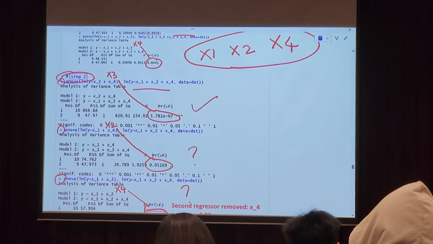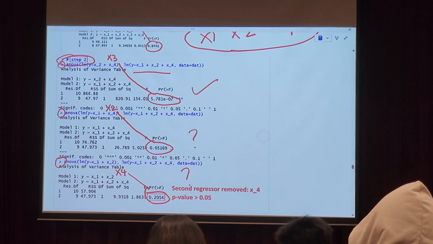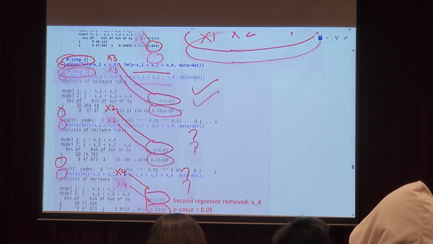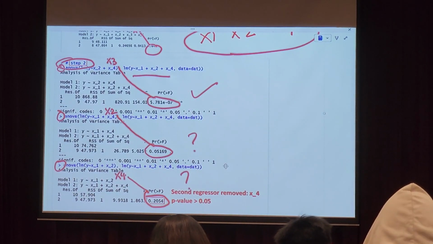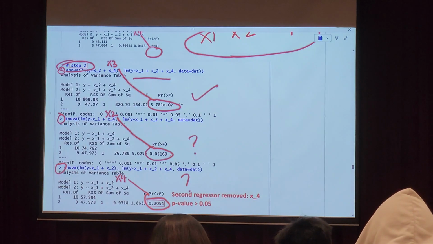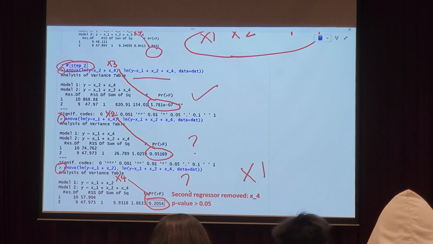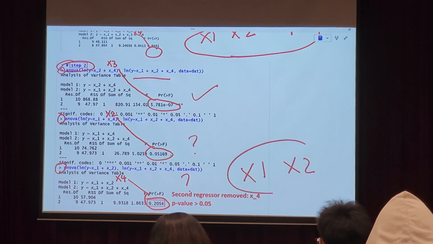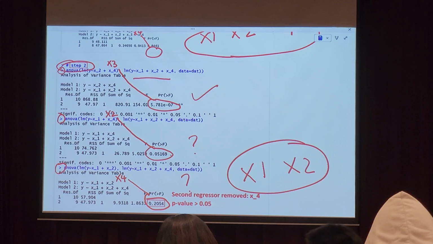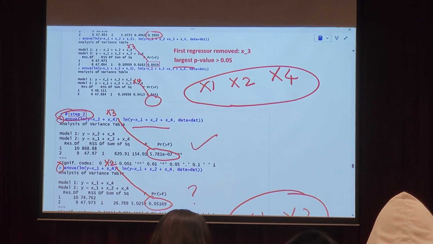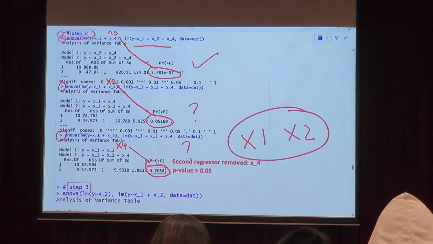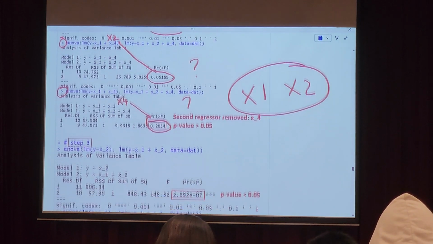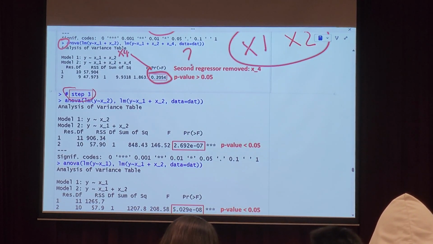So after we remove x4, we now have x1 and x2 left in our model. In the very first step, we removed x3. After the second step, we removed x4. And now, we want to see whether we can remove another one or not. So this is step 3.